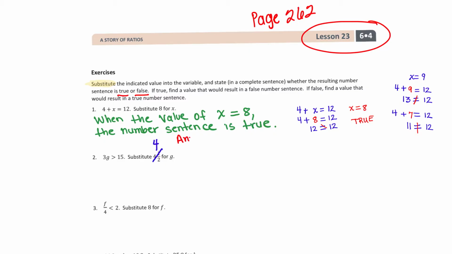Any other value makes the number sentence false. I am going to read it to give you a little bit of time to copy it. When the value of x equals 8, the number sentence is true. Any other value makes the number sentence false.